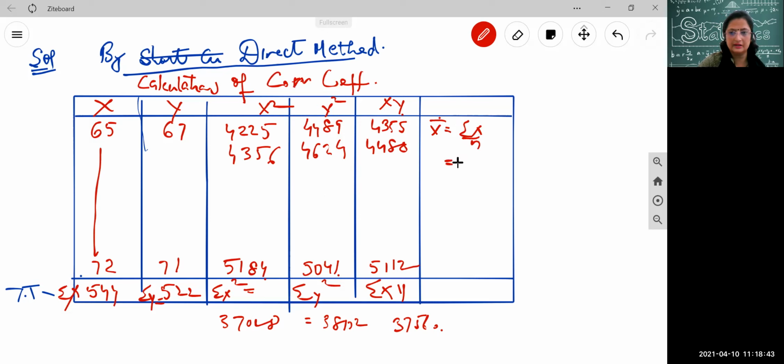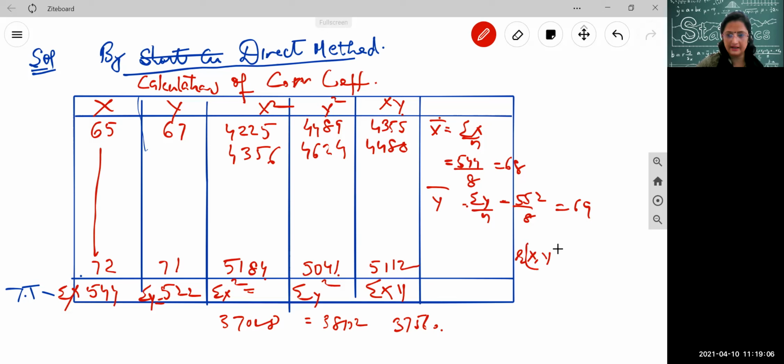So I'm just writing the answer here, that is 544 divided by 8. That comes out to be 68. Then y bar is summation y upon n. This is equal to 552 divided by 8 is equal to 69, right? So we have calculated all the values, x bar, y bar, whatever we have required. So now put all the values in rxy.